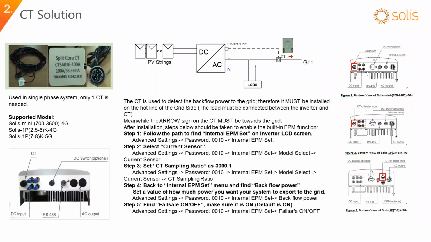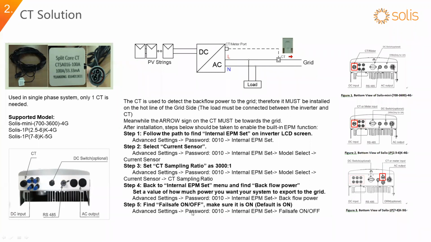And the fifth step is to turn on the failsafe function. The failsafe here is a protection. For example, if your CT cable here is somehow disconnected, the inverter is going to be out of control, so it might have extra export power into the grid. That we don't want, right?